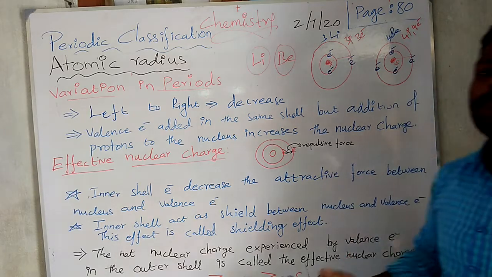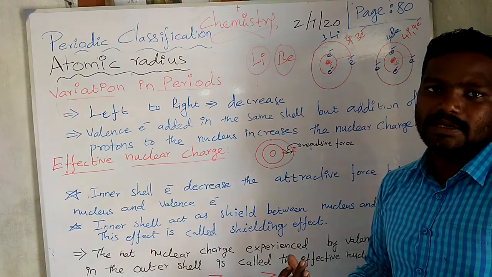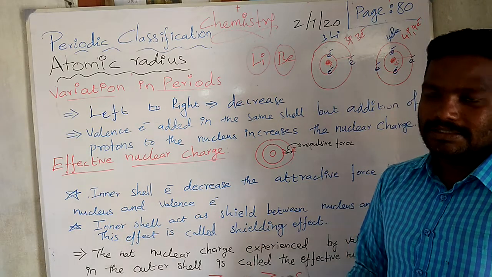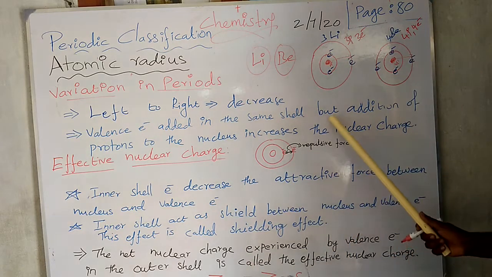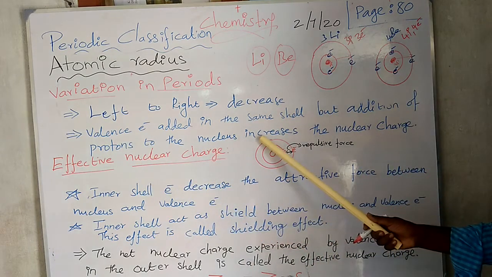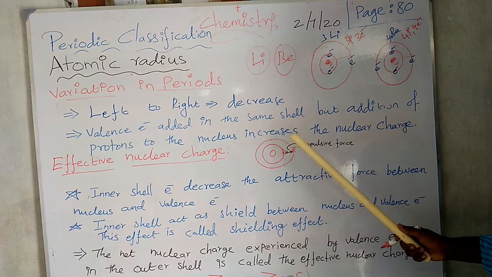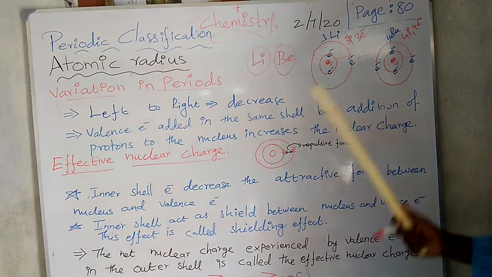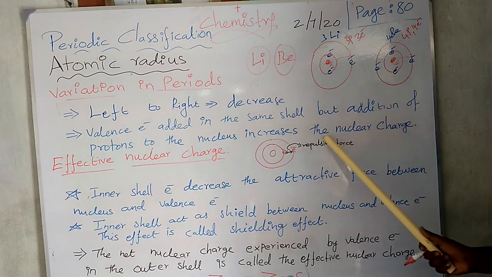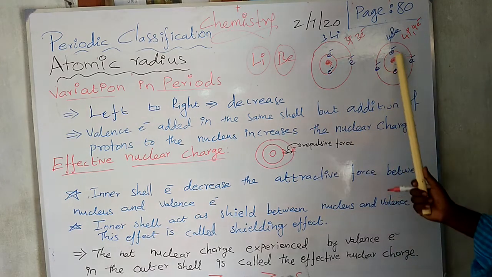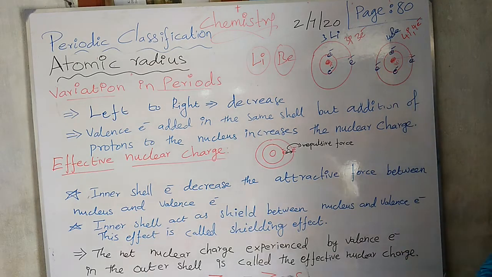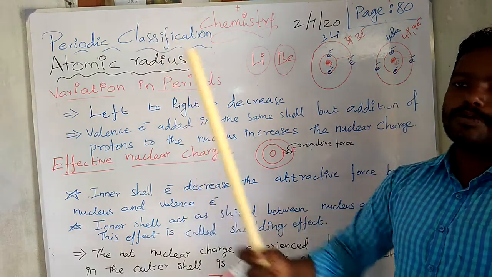Which one will have more attractive power on electrons? Beryllium, because it has more protons. That's why, listen, my dear, the addition of protons to the nucleus increases the nuclear charge. Compared to lithium, beryllium has one more proton. When the nuclear charge increases, it will effectively attract the outermost cell.